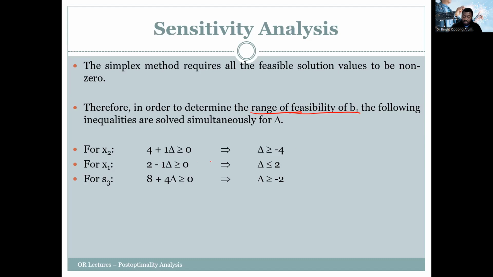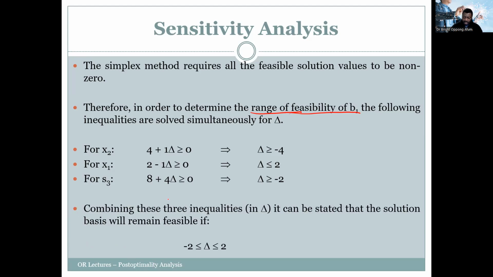2 minus the change greater than or equal to 0, so the delta is less than or equal to 2. Then 8 plus 4 delta is greater than or equal to 0. So combining these three inequalities, we'll see that -2 is less than or equal to delta. So this is what it means.